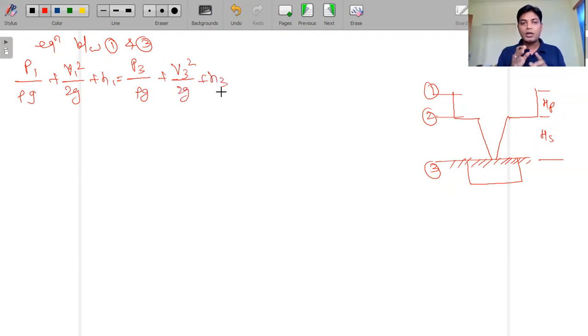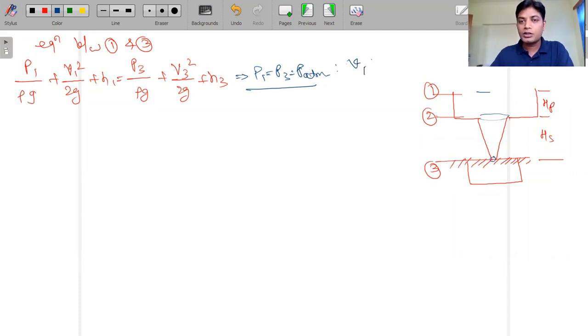Now let's see what values are available. P1 equals P3, that is equal to atmospheric pressure. This is the condition. We consider that V1 is very small compared to V3.